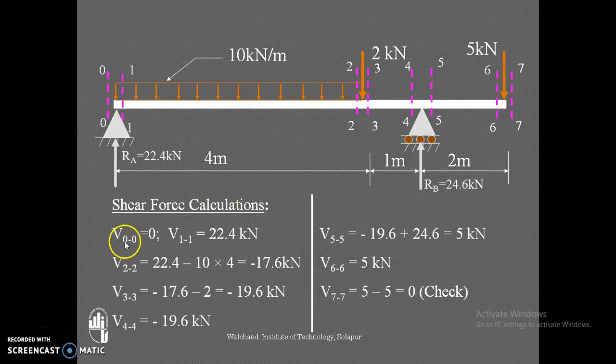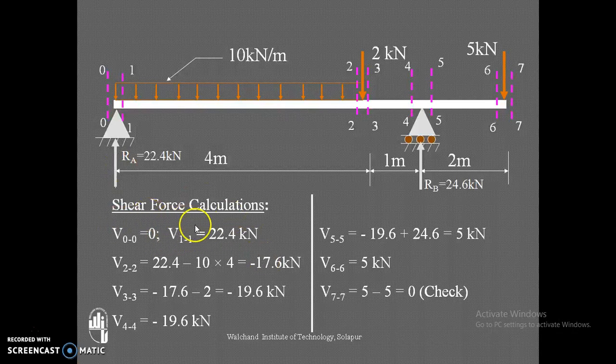Shear force at section 0-0 is 0 because no force is acting. Now V11, the shear force at 1-1 just right of point A, is the reaction RA, so the shear force at 1-1 is 22.4 kilonewton, because by the sign convention, upward on the left of the section is positive.